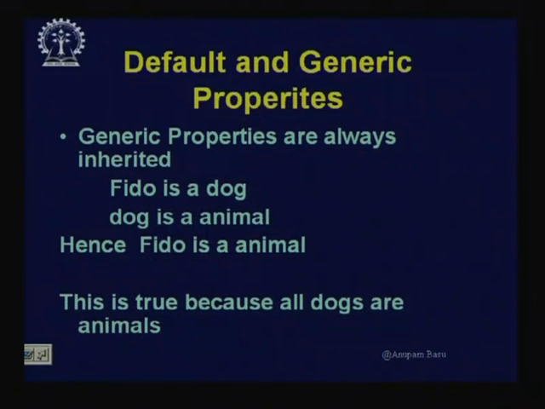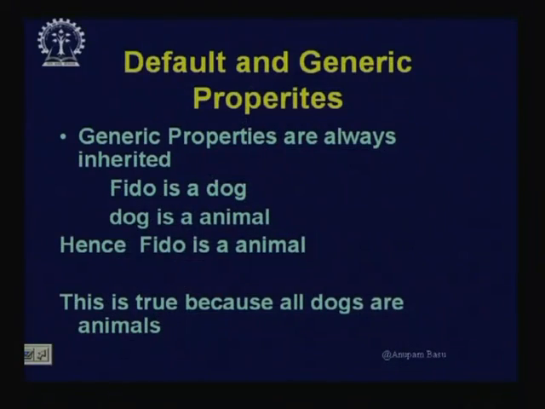Now, it is necessary to distinguish between two very important categories of properties. One is the default property and the other is the generic property. Generic properties are always inherited. For example, Fido is a dog. Dog is a animal, but this is not a grammatical error, because we are talking of the is-a relationship.